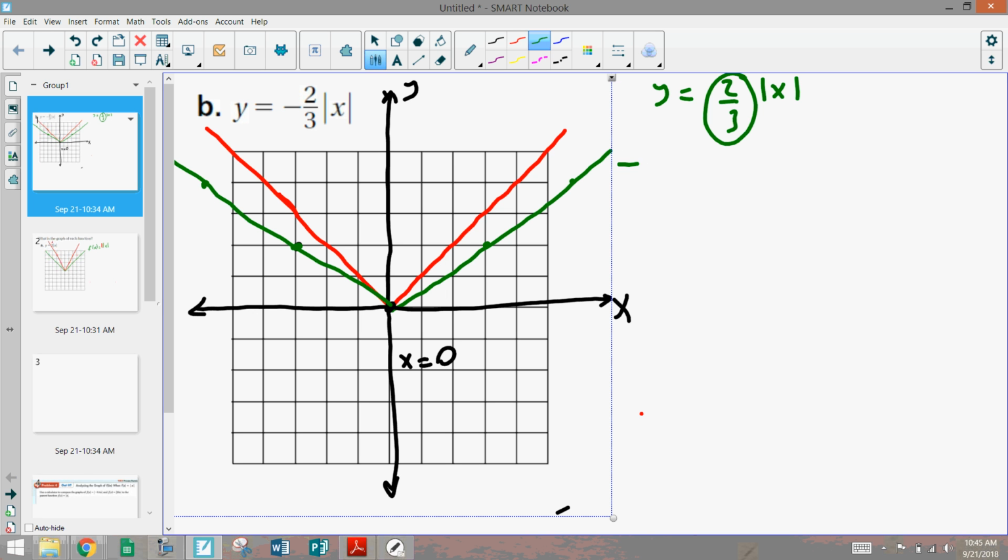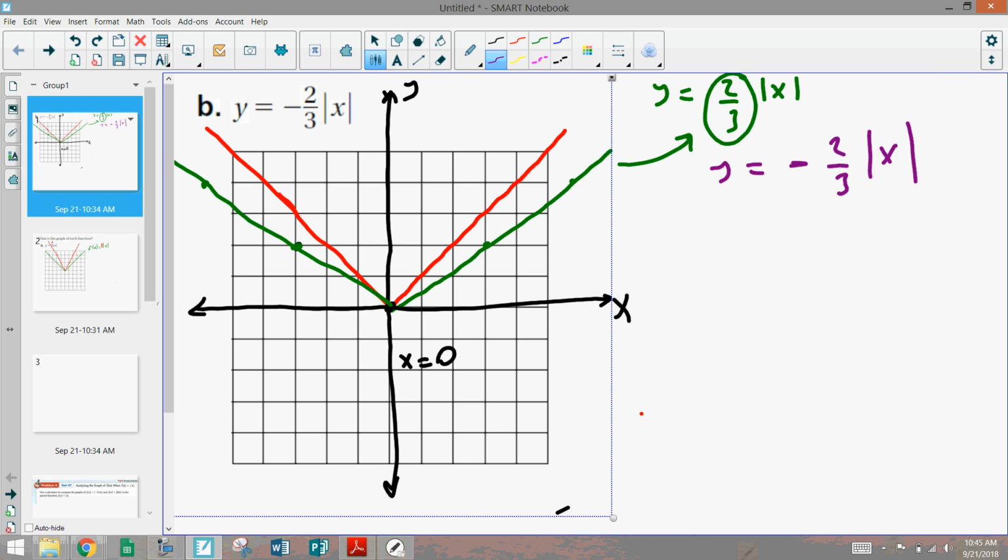That is the graph of this, but we don't need this. What we need is y is equal to negative. So if you make this negative, what do you need to do? Reflect across the x-axis. So basically, you're going to get the green one.